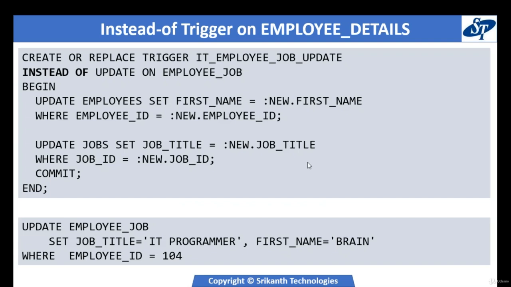We have seen before and after triggers before, but those two were executed before and after the actual DML command respectively. But instead of trigger is executed bypassing the actual DML command. So pretty powerful, but it's only in the context of views.